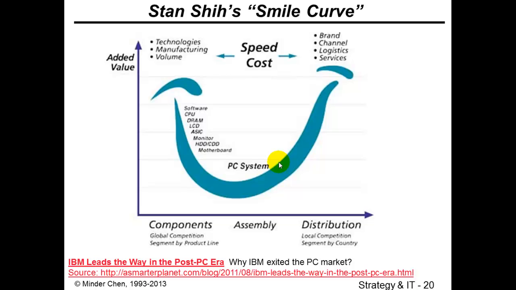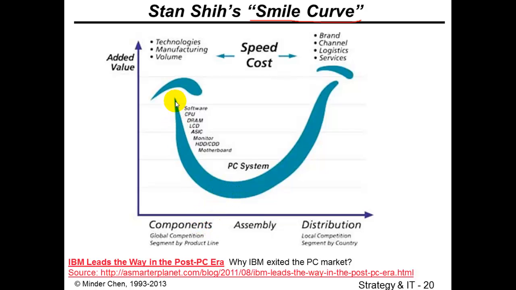One thing a company wants to take into consideration when they use value chain analysis is to study the so-called smile curve, which was proposed by Shih Zhengrong, the founder of Acer, a PC company. He drew the so-called smile curve, or smiley curve, based on his many years of experience in the PC industry.